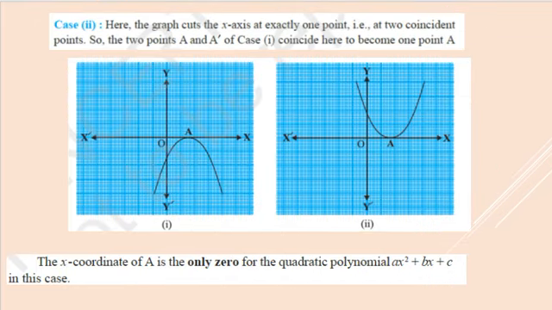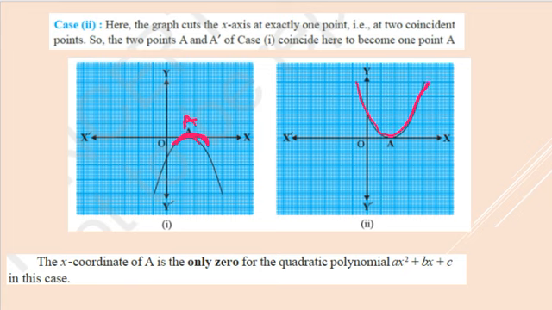Here also the graph cuts the x-axis at exactly one point. It is touching here, right? You can see this one touching, that is A, and here also it is touching this point.